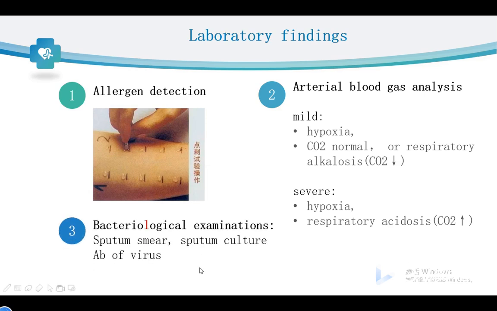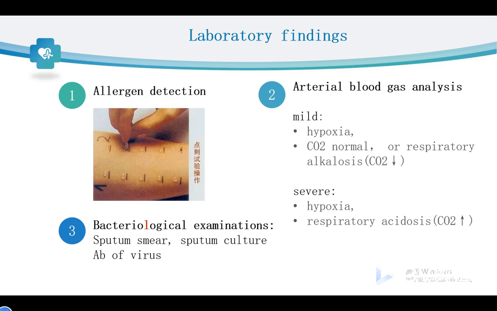And the third laboratory examination is the bacteriological examination. We know that the acute onset phase of asthma can be triggered by infection of some special viruses, bacteria, and fungi.